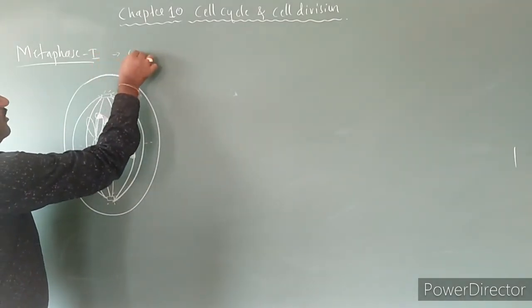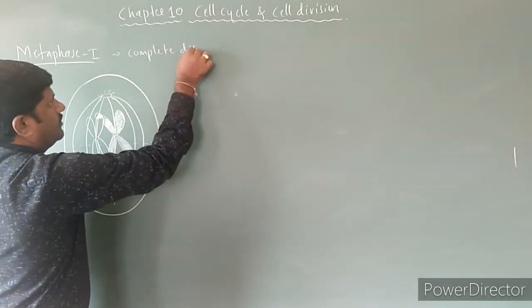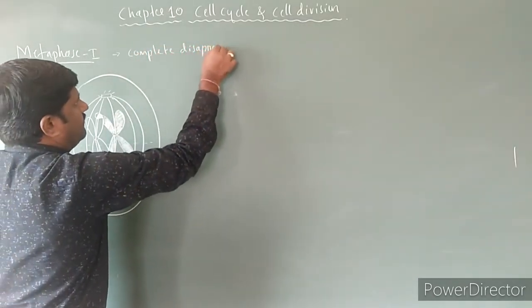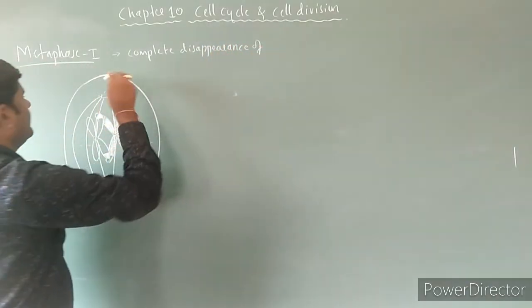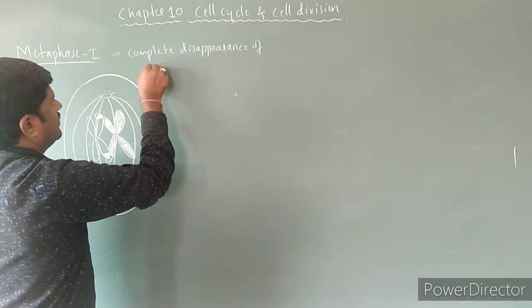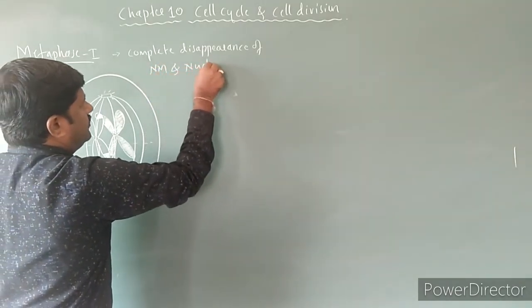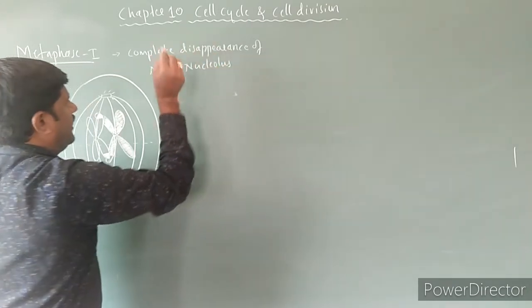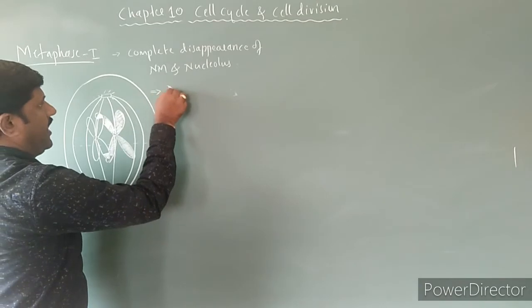So what has taken place here? Complete disappearance of the nuclear membrane as well as the nucleolus. And what is the next step?